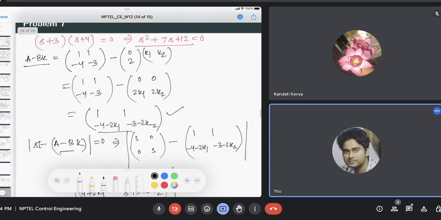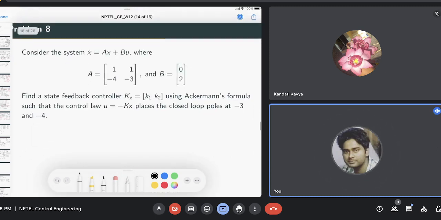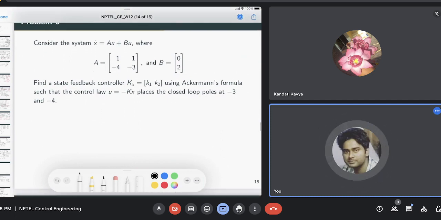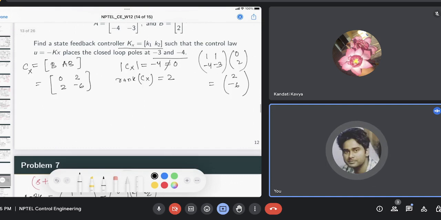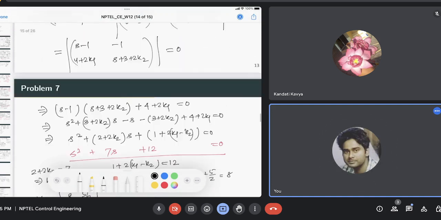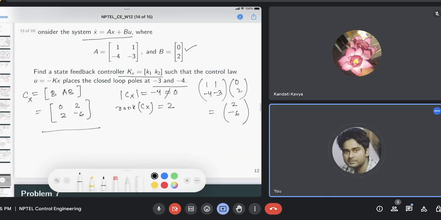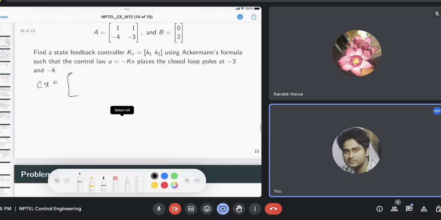Now we'll check using Ackermann's formula also for this case. We already computed the controllability matrix Cx, which is [0 2; 2 -6].